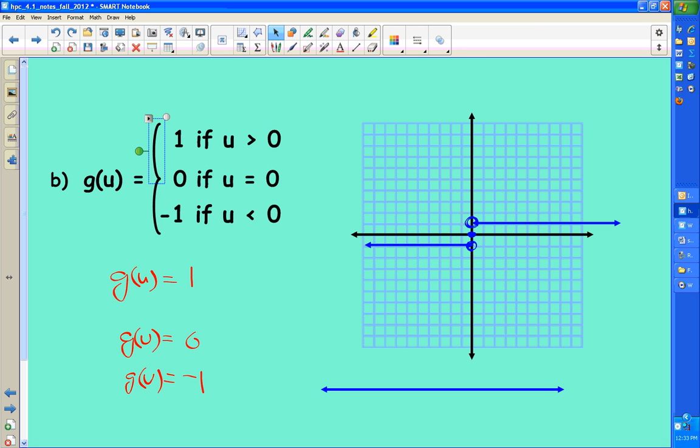Each x goes to 1 and only 1 y. Your domain is all reals. u can be anything. Your range is g of u, and g of u can only be 1, 0, and negative 1. So your domain is all values of u such that we go from negative infinity to positive infinity.